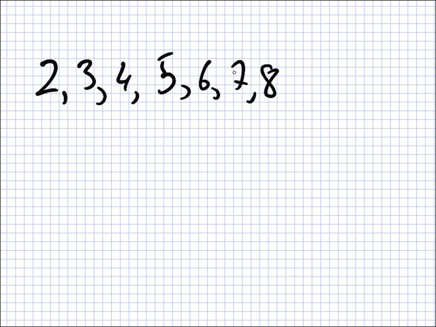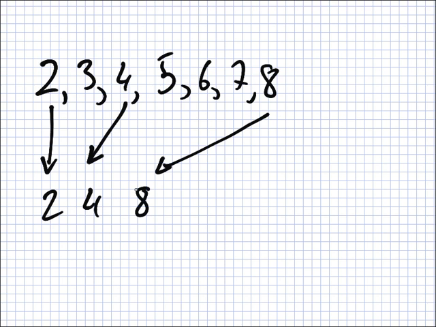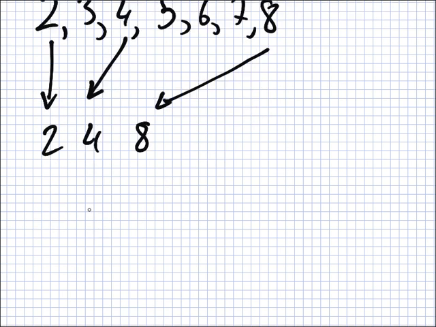AP. If I take out the first, the third, and the seventh term, I have 2, 4, and 8. What type of sequence have I made now? GP. So you can have GP inside of AP and vice versa if you take the right terms out.